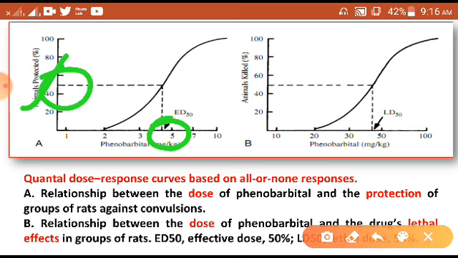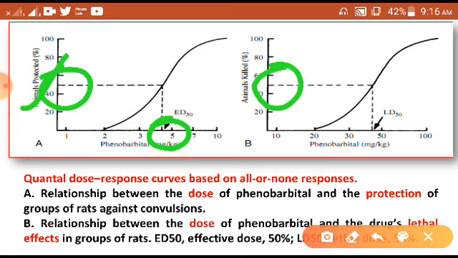You have decided not the cured rats, but you want to check the dead rats. So you want to check at what dose 50% of the rats died, right? 50% of the rats died.